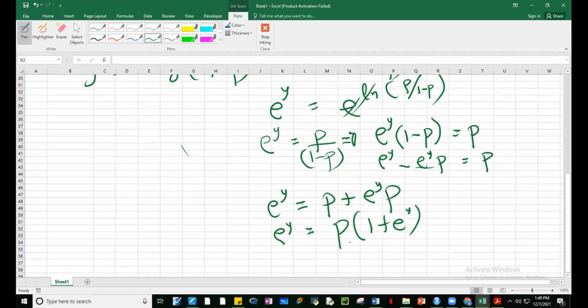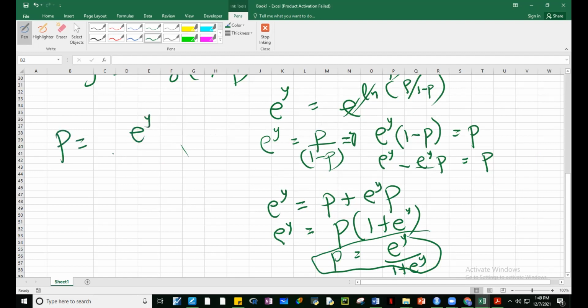Okay, therefore, we can now isolate P so that P is equal to e to the y over 1 plus e to the y. There you go, guys. Our probability is equal to e to the y divided by 1 plus e to the y.